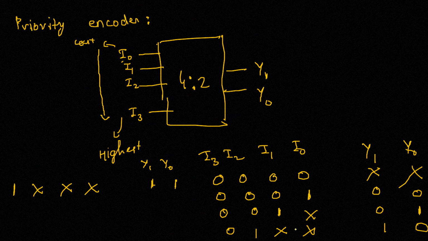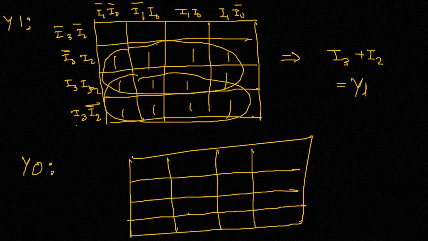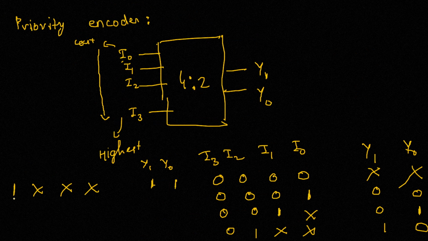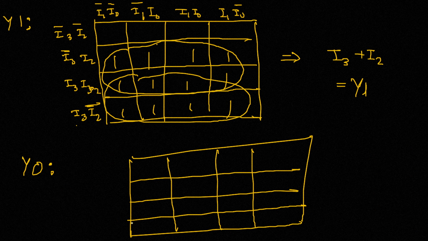Y0 is 0 even when the value of I2 is 1. So we can't just write ones for I2. However, we know that if I3 is 1, then Y0 is definitely 1. And for I2 being 0 and I1 being 1, we have Y0 is 1 again. So first thing that we'll make sure is wherever I3 is 1, there Y0 is definitely 1. So these are the 8 places.